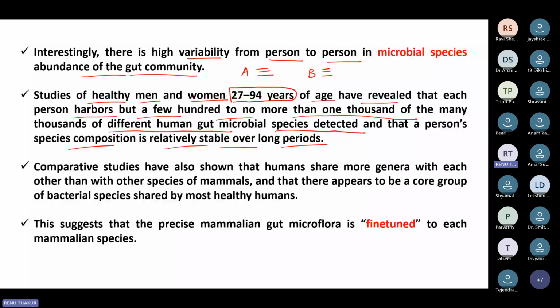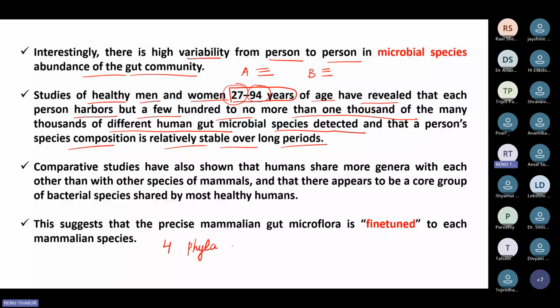It means that out of the four phyla I mentioned in the previous slide, a study suggests that if you compare men and women in the age group 27 to 94, they will have all these four phyla, with thousands of each.